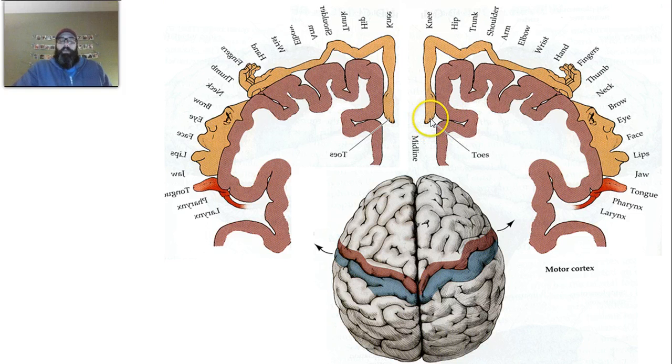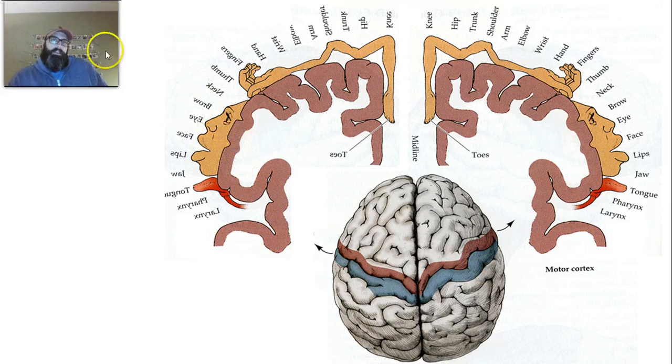So if I wanted to move or wiggle the toes of my left foot, this region of the primary motor cortex would be stimulated and send a signal out to my left toes. And as you go up, you can see it's divided. So you have knee, hip, trunk, shoulder, arm, elbow, wrist, hand, fingers, thumb, neck, brow, eye, face, lips, jaw, tongue, pharynx, and larynx. And it is the exact same thing on the other side, but this particular portion is going to control the movements for the right side of the brain.